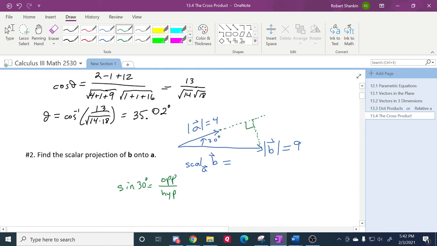And the opposite from here is this one over here. So that's not what we want. We want the cosine of 30 degrees, which is the adjacent over the hypotenuse.